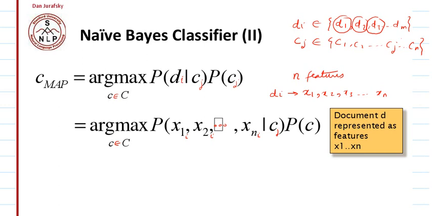While writing argmax, we don't need to specify specifically Cj, but for more clarity I am specifying it as a Cj that belongs to the set of classes, right? So now we can expand this P of di given Cj as P of x1 dot dot dot xn given Cj dot P of Cj.